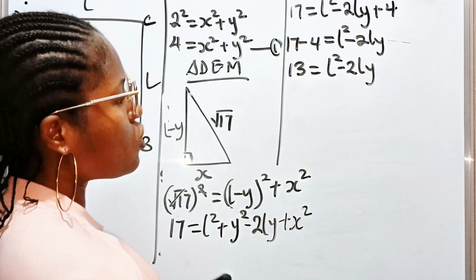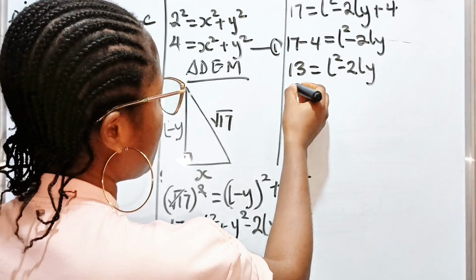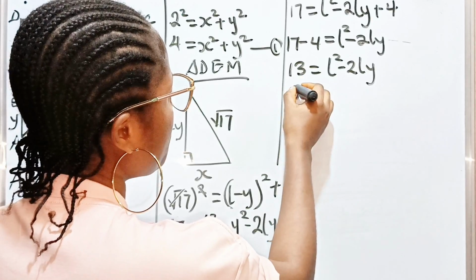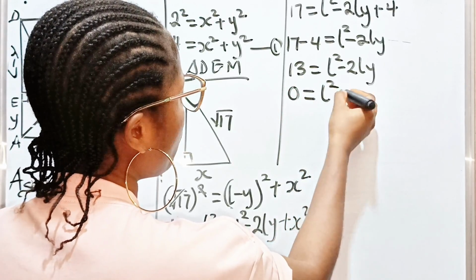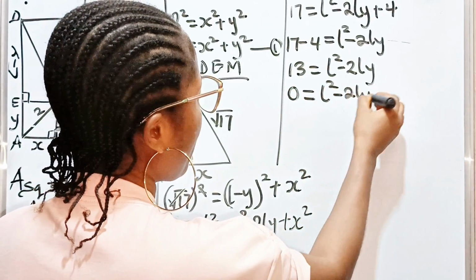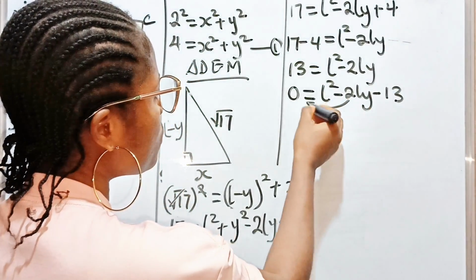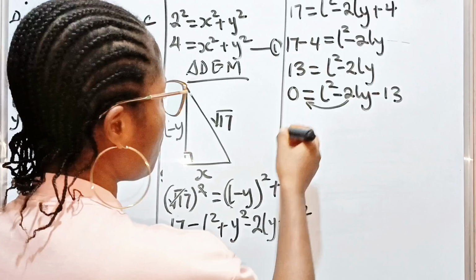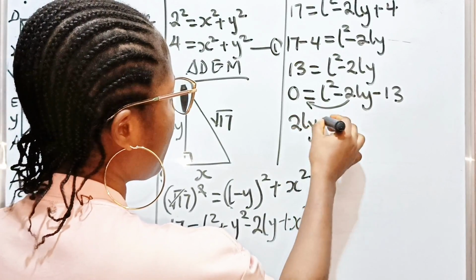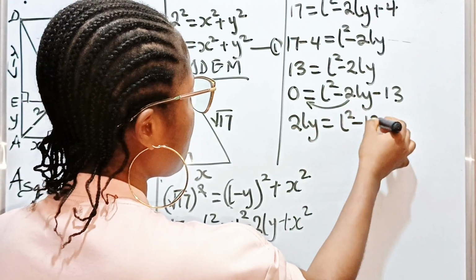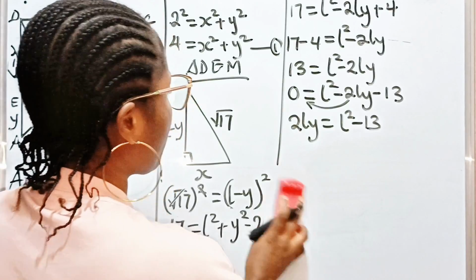Now, let us subtract 13 from both sides. So if we do that, we have 0 is equal to L squared minus 2ly minus 13. If we transfer minus 2ly to this side, we have 2ly is equal to L squared minus 13.